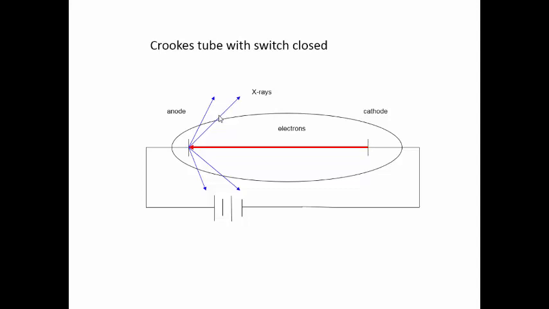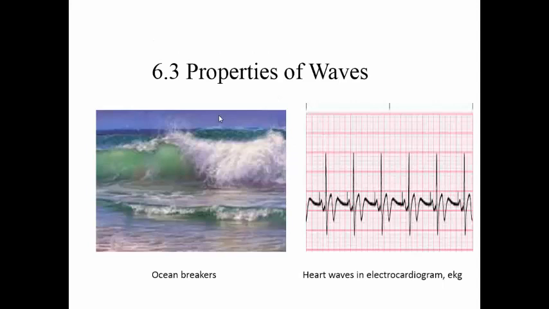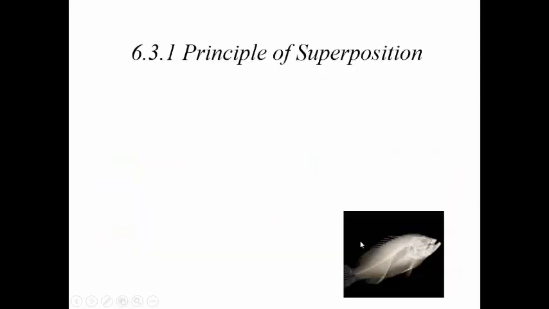Now, in order to study X-rays, we have to look at the properties of waves, and here's an ocean breaker. That's the end of the wave. And here's another example of a wave, which is a heart wave in an electrocardiogram.